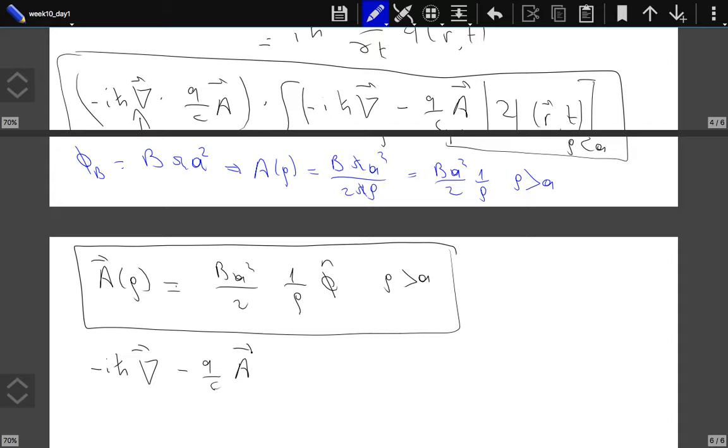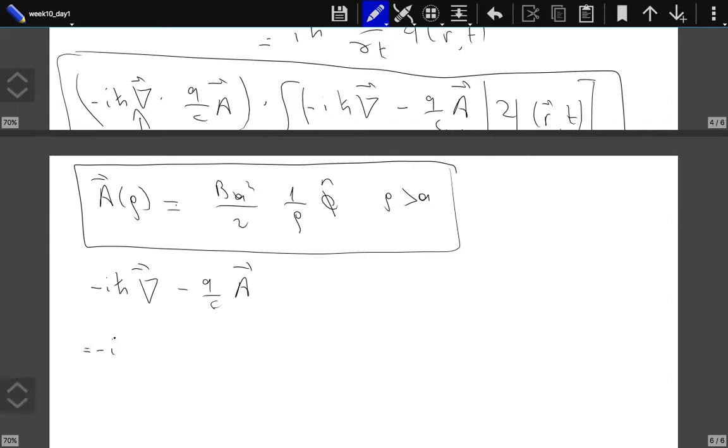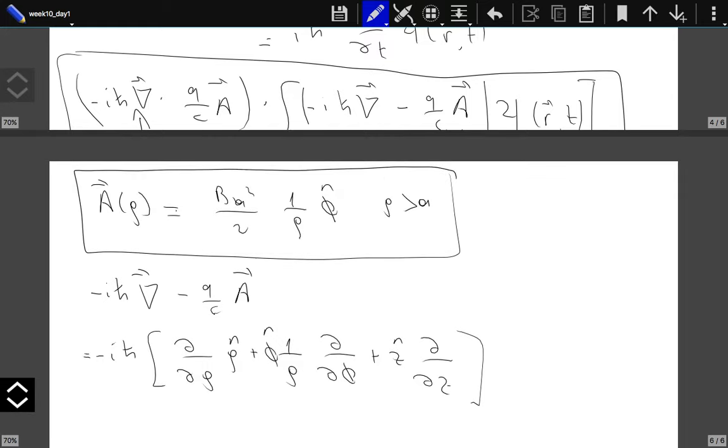So if I use the expression of the gradient in cylindrical coordinates, if you just look it up, you will see that the gradient has the expression minus i h bar del by del rho in the rho hat direction plus 1 over rho del over del phi in the phi hat direction plus in the z hat direction del over del z, minus q over c B a squared over 2 rho in the phi hat direction.